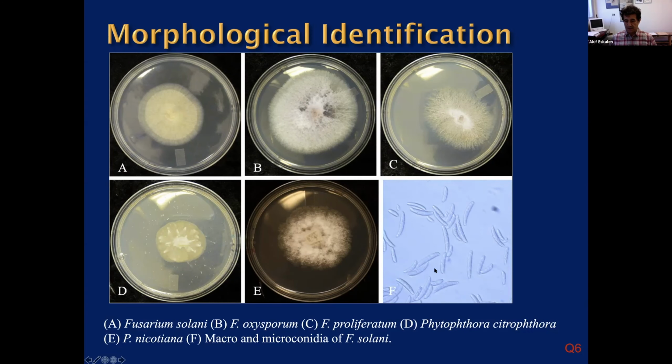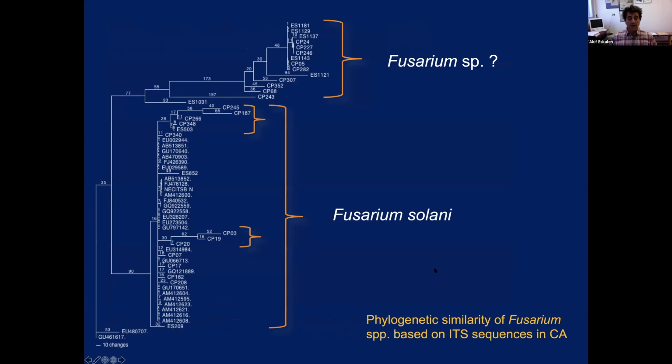Okay, let's move on. As I mentioned, we were curious about how many Fusarium species were involved with this problem. I have to mention that Fusarium species are also known as a complex. It is also known as the Fusarium solani complex.